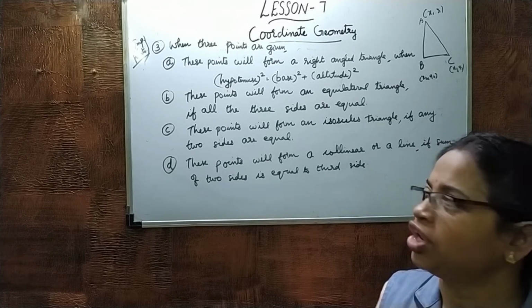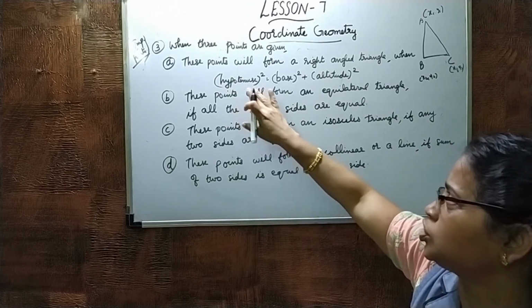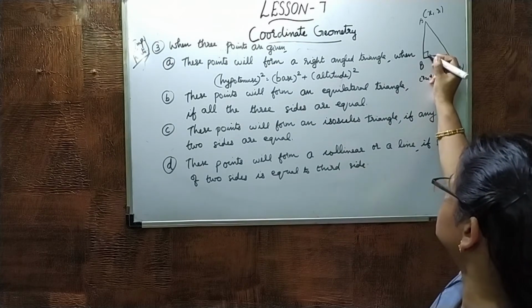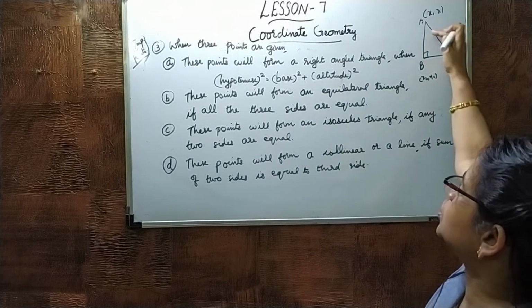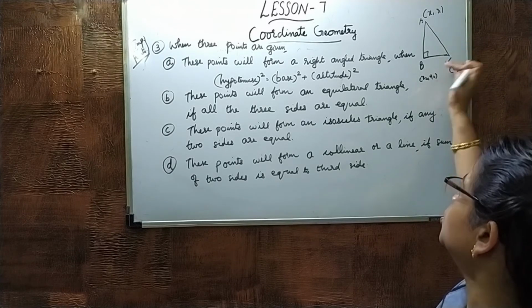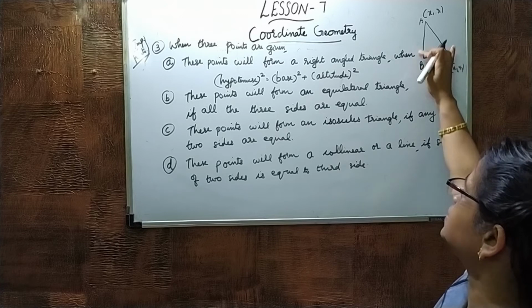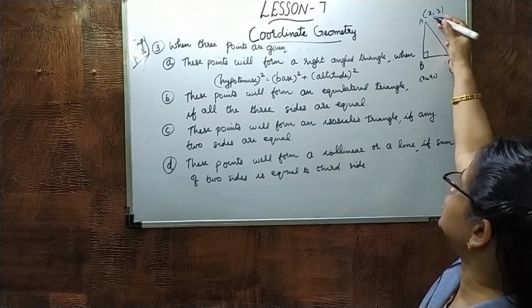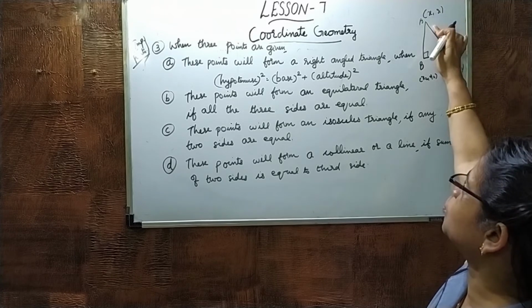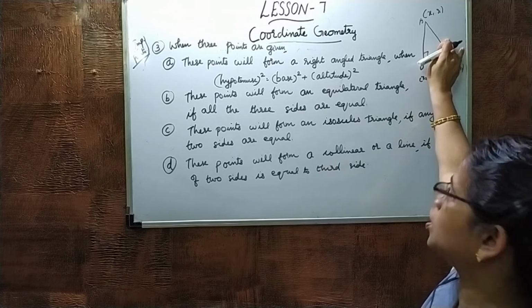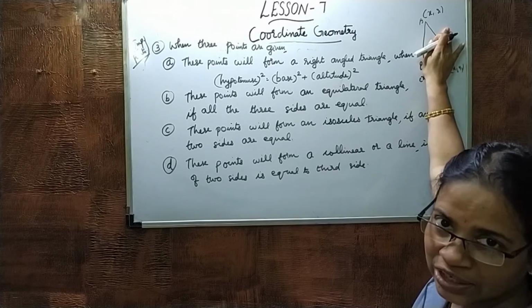So what can you do then? You have to prove that hypotenuse square is equal to base square plus altitude square. So which is the hypotenuse? AC is the hypotenuse. So the distance AC square should be equal to BC square plus AB square. How will you find the distance? Between these two we take root of (x2 minus x1) the whole square plus (y2 minus y1) the whole square, you will get one value here, right?